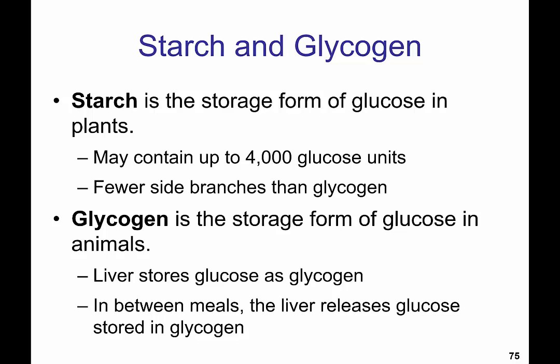You have fewer side branches than glycogen, as we'll compare momentarily. Glycogen is the storage form of glucose in animals, so this is short-term energy storage for us. Within our liver, glucose is stored as glycogen, and this helps maintain blood sugar levels in between meals.